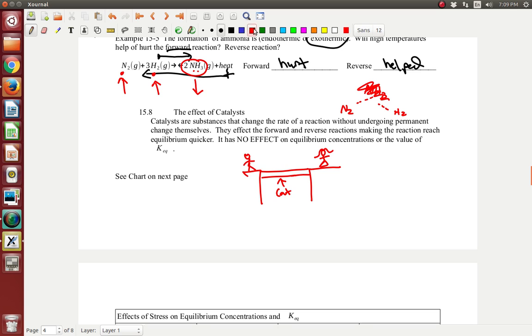Instead of him having to walk down and over and up, he can just walk straight across. Gives him another path. So the catalyst allows him to get to the other side faster, but it also allows him to go back faster. So basically it has no effect on the equilibrium concentrations. All it does is just help it to get to that concentration much more quickly.